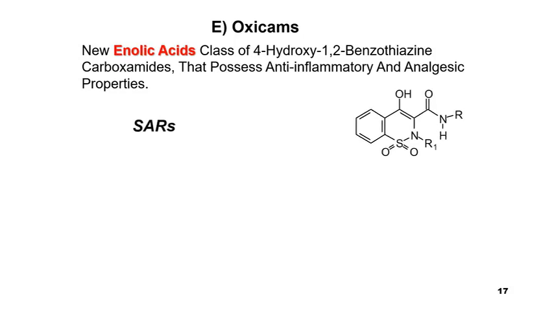The acidity is obtained upon the release of the hydrogen of the hydroxyl function and leaving a stable anion that is delocalized. The negative charge is delocalized on the oxygen function.